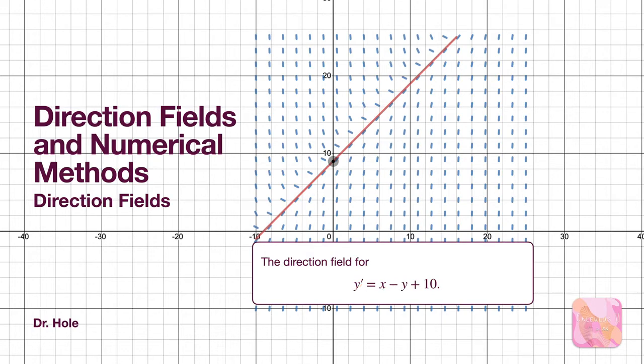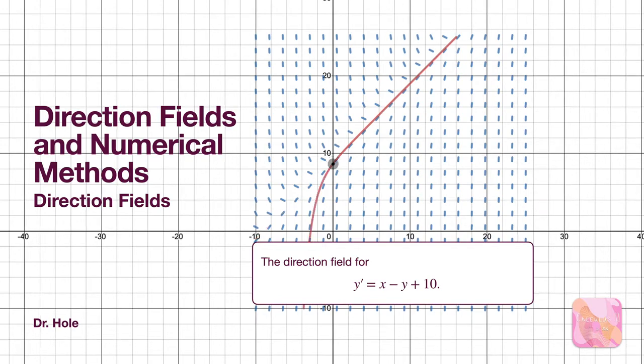Thus, if we want to move away from that point, we should move at a rate of change of 1. However, by moving at a rate of change of 1, we are changing x and y by an equal amount, and thus y prime at the new location will remain 1. In other words, we get the red line.